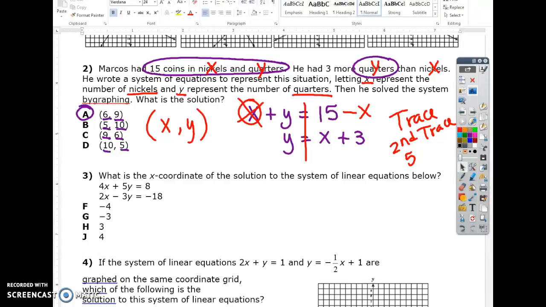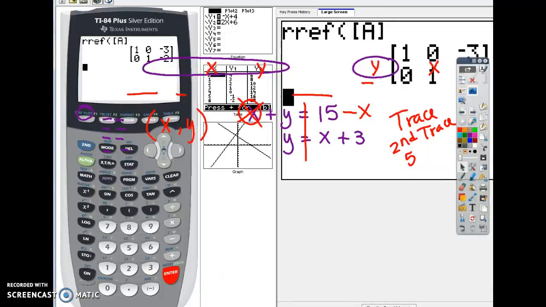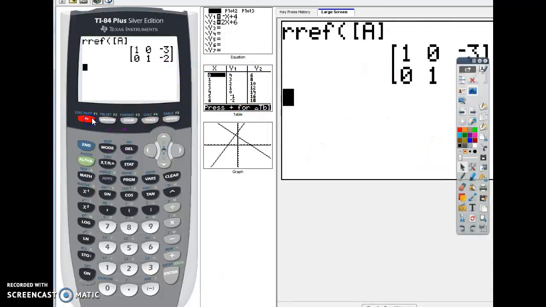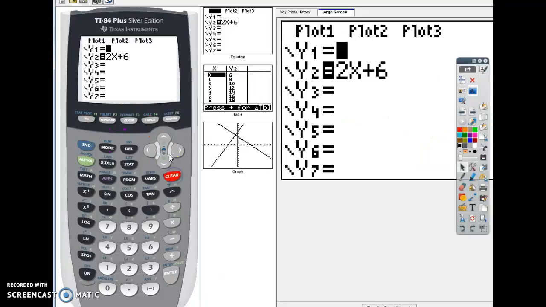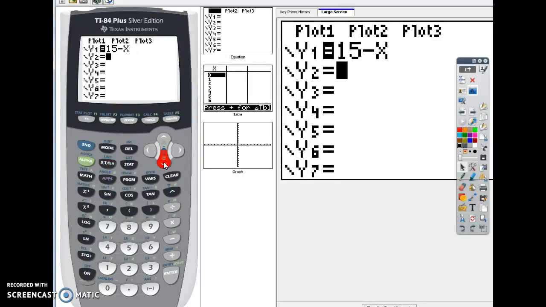Okay, so let's put that in the calculator. Y equals, is it 15 minus x? And x plus what? Plus 3.